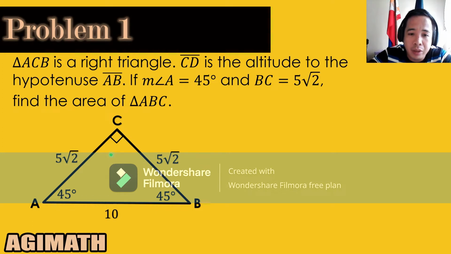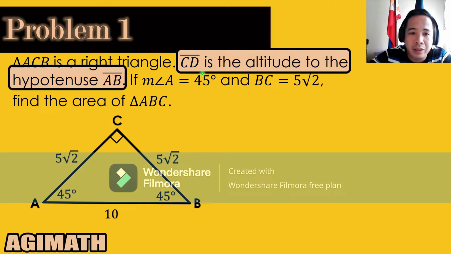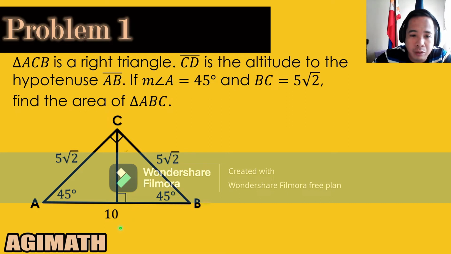So we need to find the height or the altitude from vertex C towards the hypotenuse. That is CD. According to the problem, CD is the altitude to the hypotenuse AB. So we can construct line segment CD, and that will be the altitude or the height.